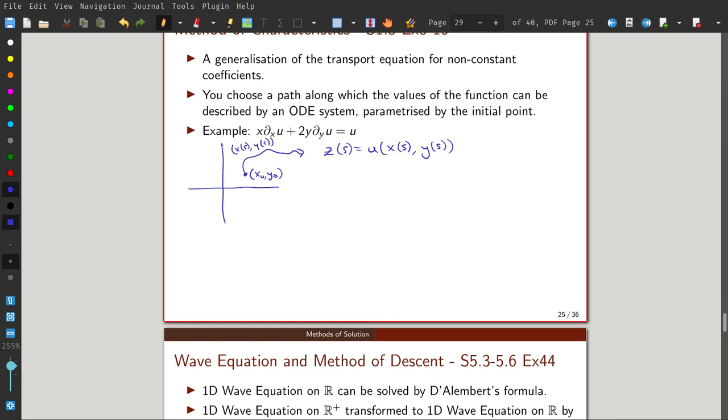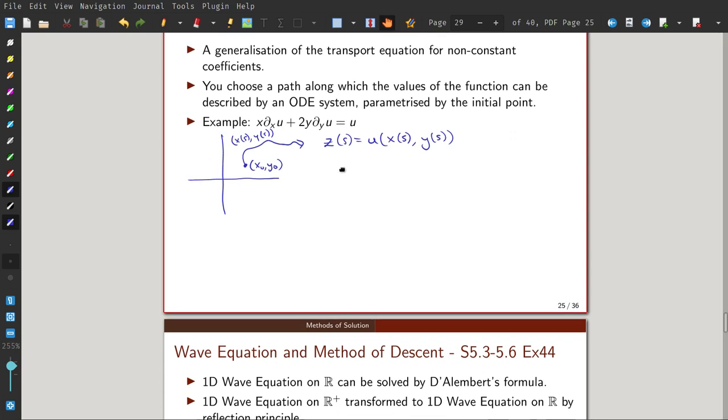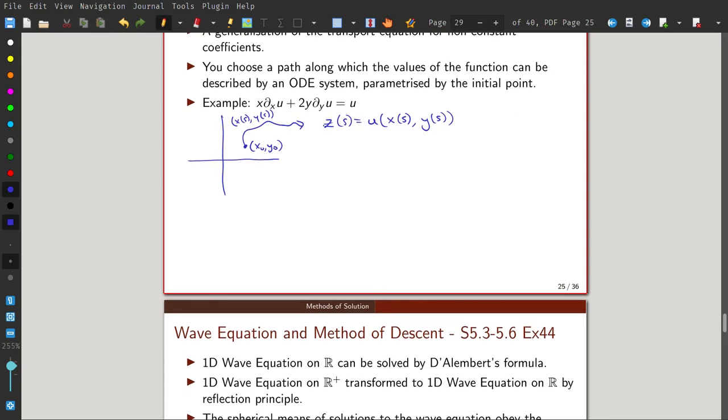Consider this function. It's now a function of one variable, but it depends on u. And what is the derivative of z? How does z change when s changes? Okay, so by the chain rule, it's a function of one variable, so I'll use d.